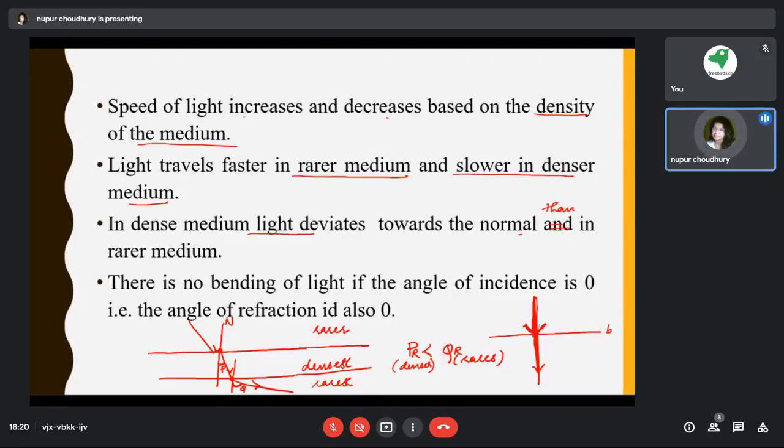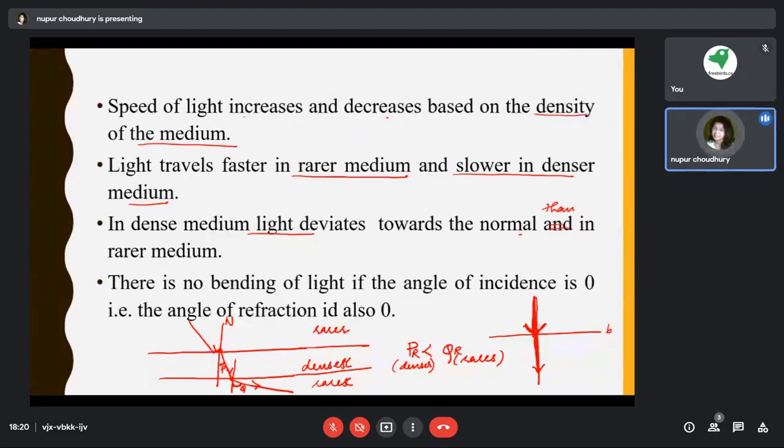However, this pencil is not broken, and if the angle of incidence is 0, you will see the pencil is not broken. It will be acting like a normal pencil. On the other hand, if I'm creating an angle of incidence, this looks like a broken pencil. So this is a very interesting concept of refraction that you can see.